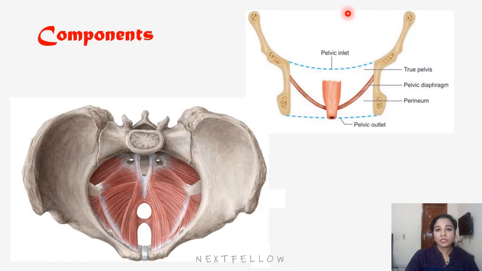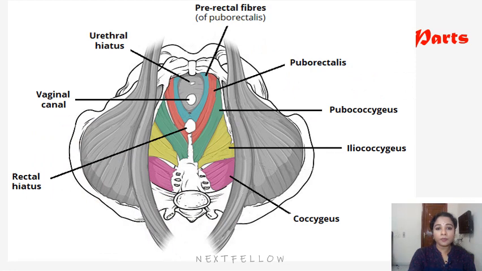So it helps in directing the fetal head towards the birth canal at parturition. So during parturition also the pelvic diaphragm helps in direction of the fetal head, fixes the fetal head properly into the birth canal during delivery or parturition. So these are the main components and important functions.